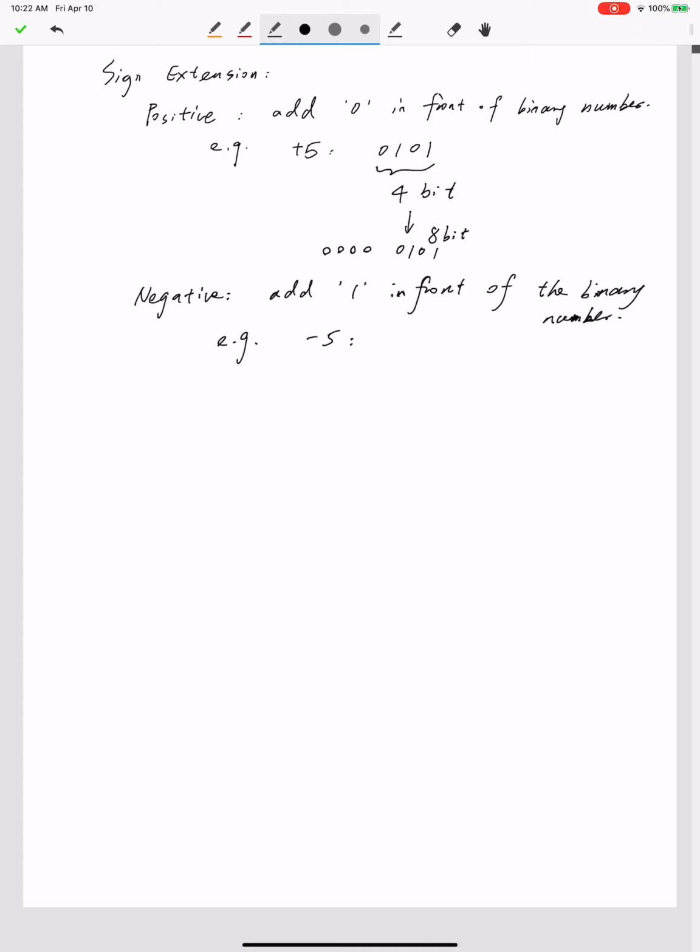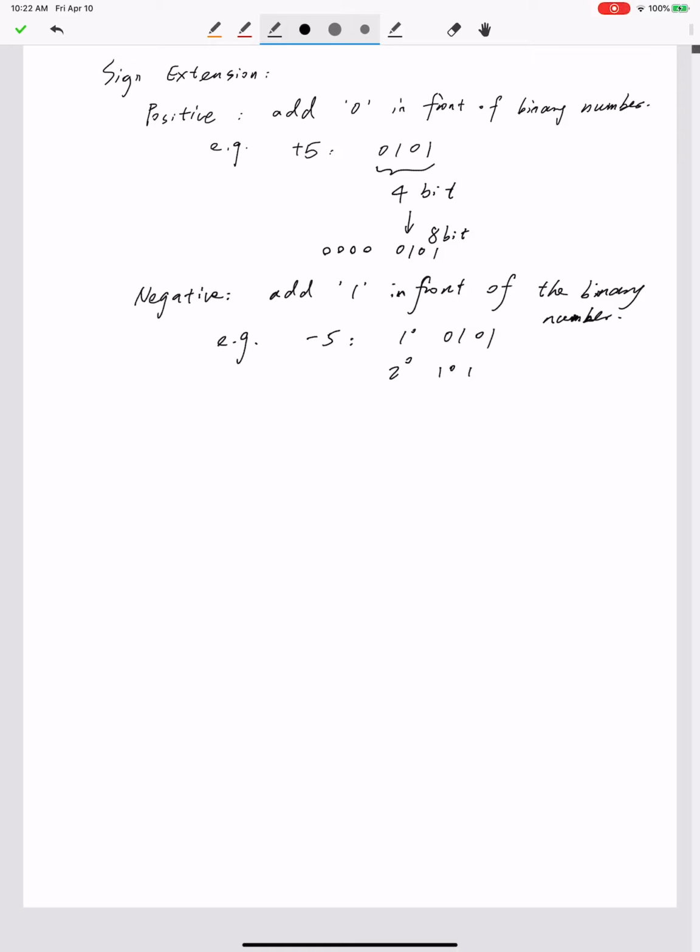We first write the positive form. In the first step, we write positive 5. Second step, we flip the bits. Third step, we add 1 to the flipped binary number. And the result is 1011. That is minus 5, right?